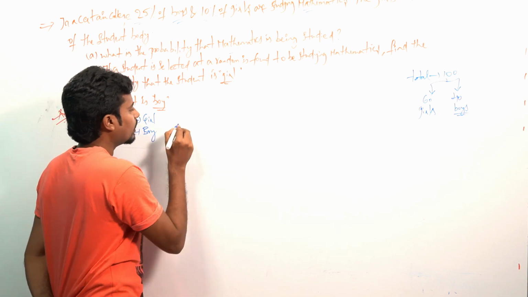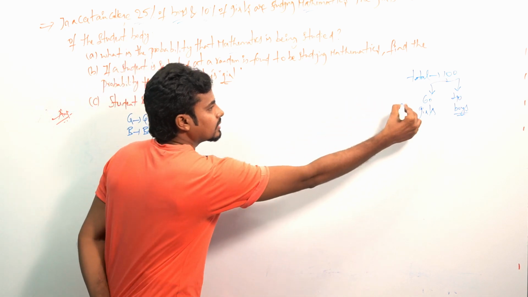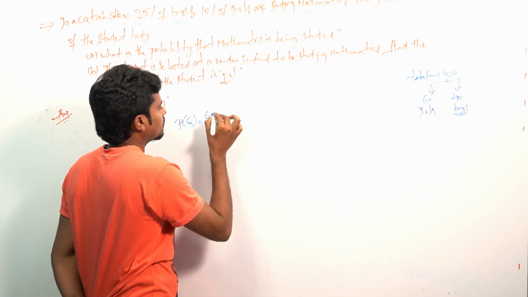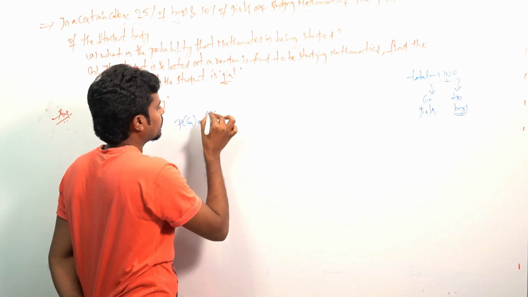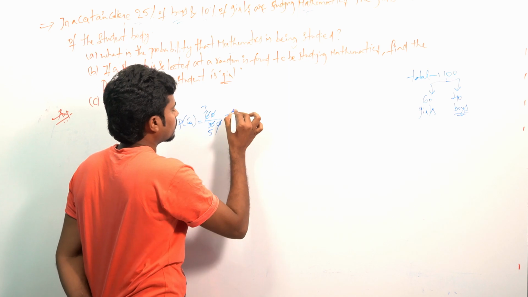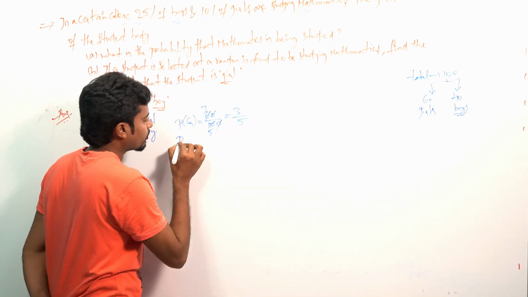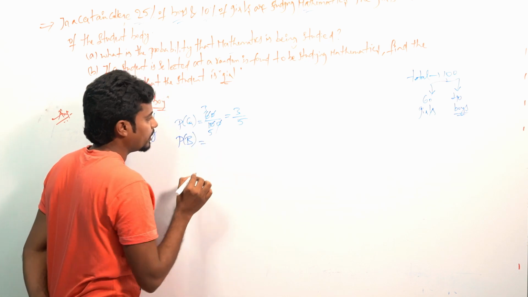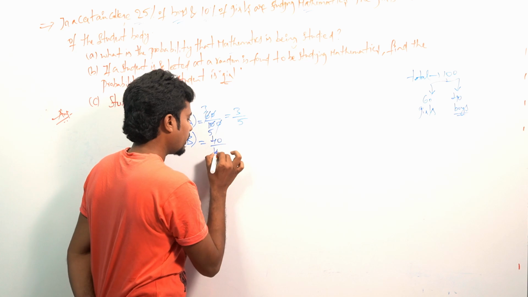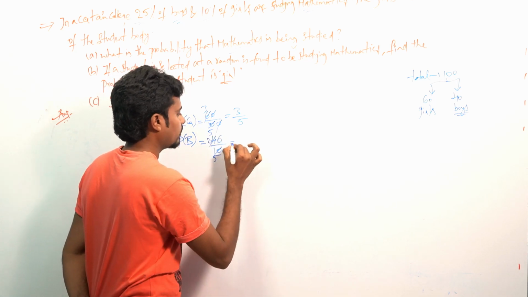The probability of girl will be 60 divided by 100, which is 3 divided by 5. Similarly, the probability for the boys, P of B, is 40 divided by 100, which is 2 divided by 5.